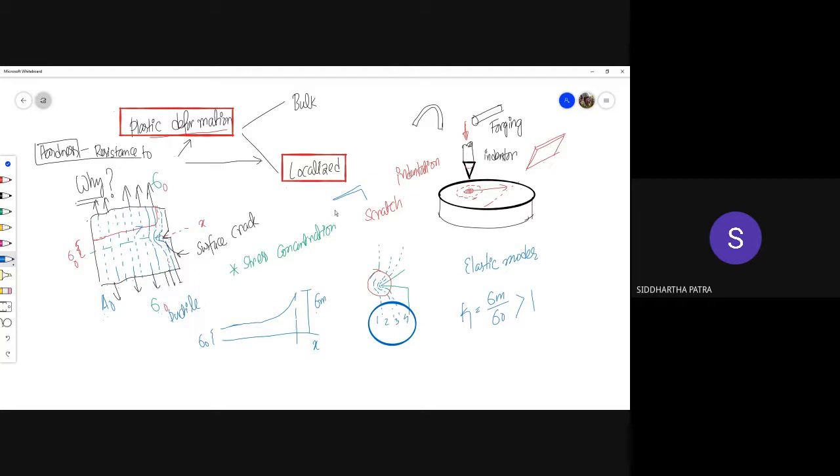To this high stress concentration, ductile and brittle materials can respond in a different way. A ductile material can have substantial plastic deformation exactly at the crack tip. And this is what happens to the crack: the crack becomes blunt due to substantial plastic deformation, because stress is highest over here.